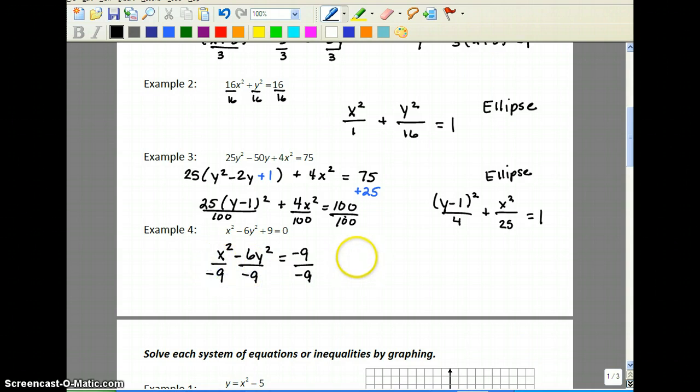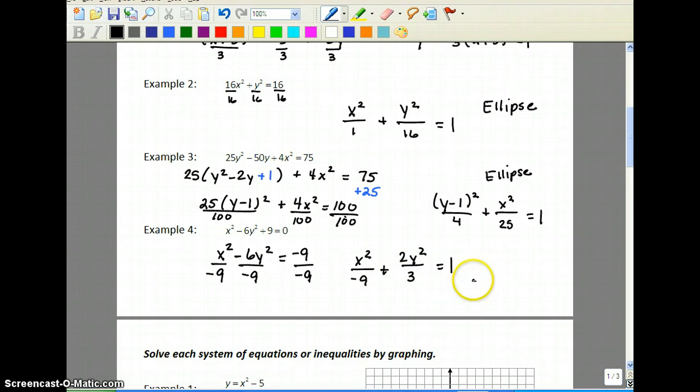So that would give you x squared over negative 9 plus, now remember, 6 divided by 9, you can't do that, so you have to put that all on the bottom. That would be divisible by 3. So 2y squared over 3 equals 1. Things that you should notice here: the negative is now with the x, so we need to reorganize this, and we still have to make this fraction be in the denominator.